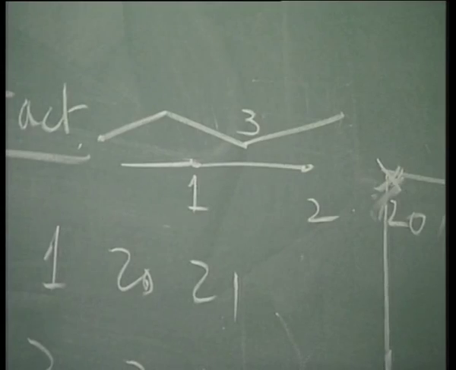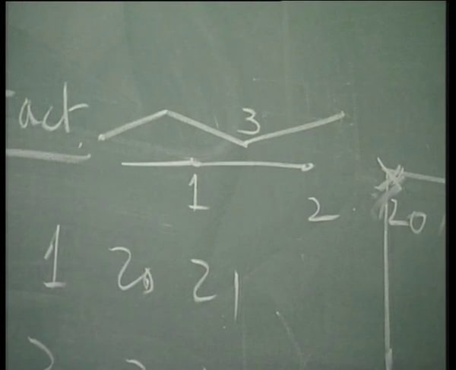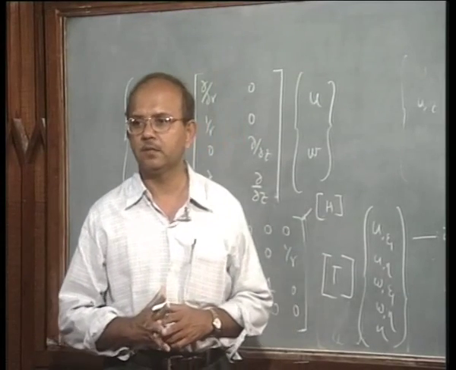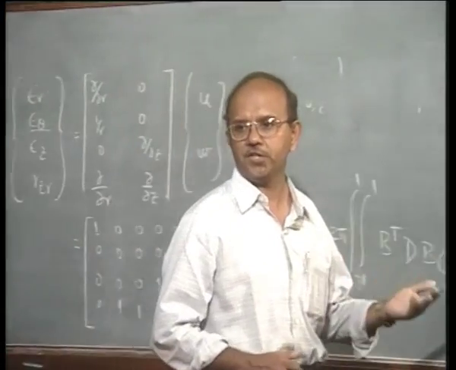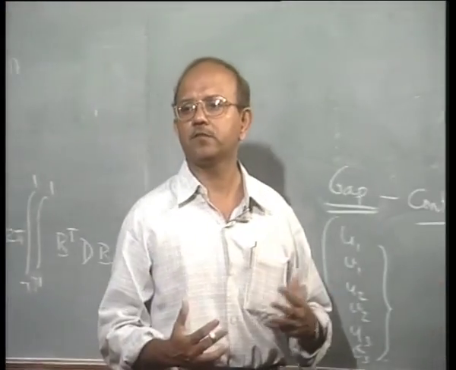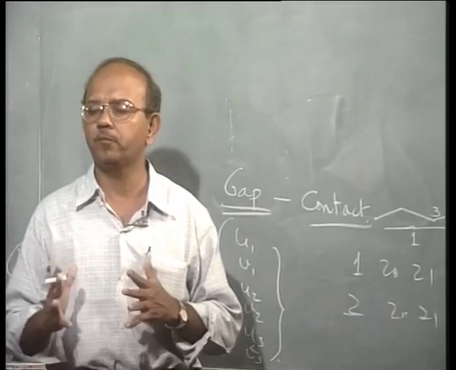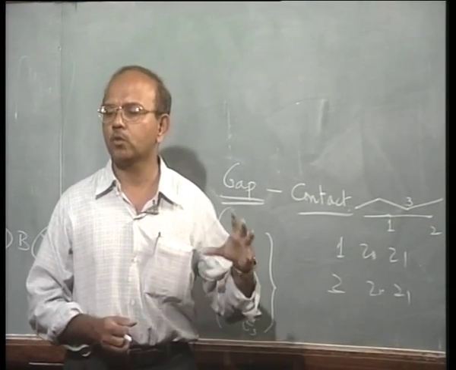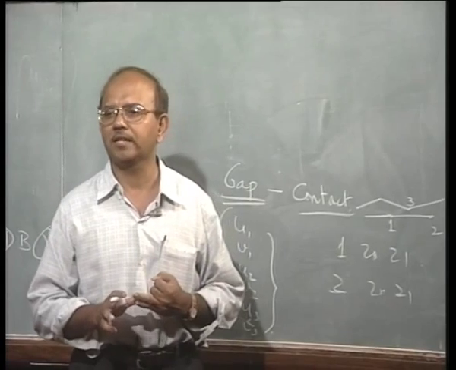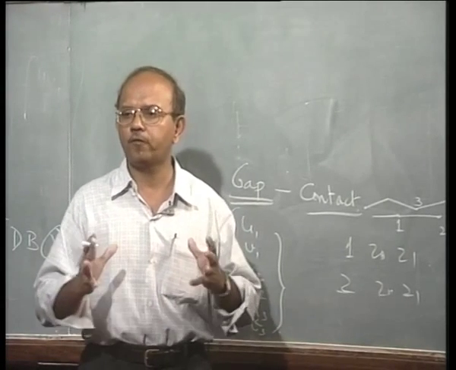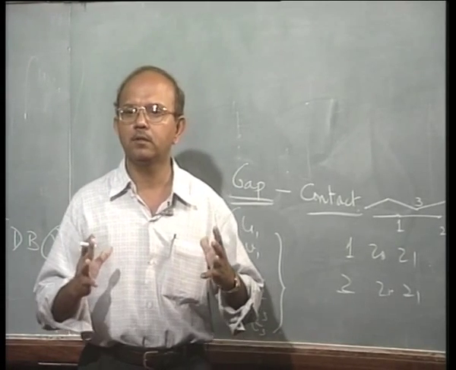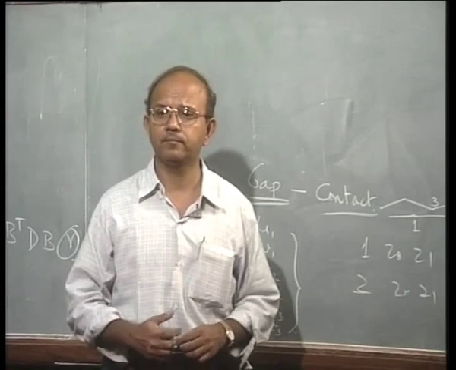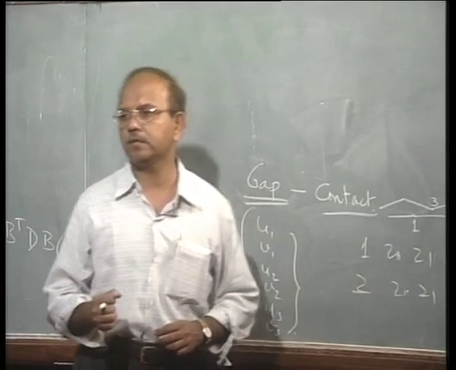So, there is a normal stiffness Kn, as well as shear stiffness Ks. Normal stiffness comes from penalty, both of them come from penalty, and the shear also takes into account friction and so on. So, point number 2 is that contact elements are capable of taking into account friction as well. Is that clear?